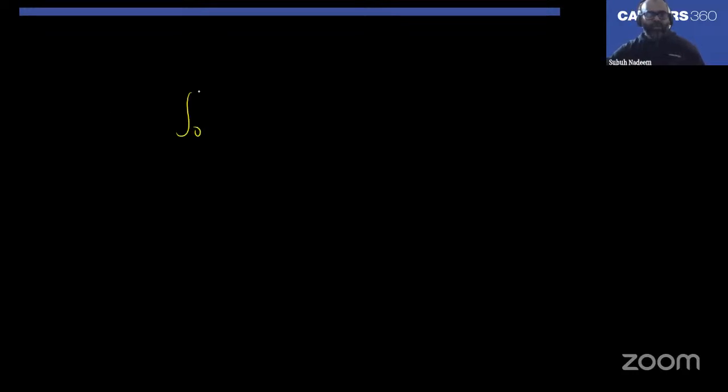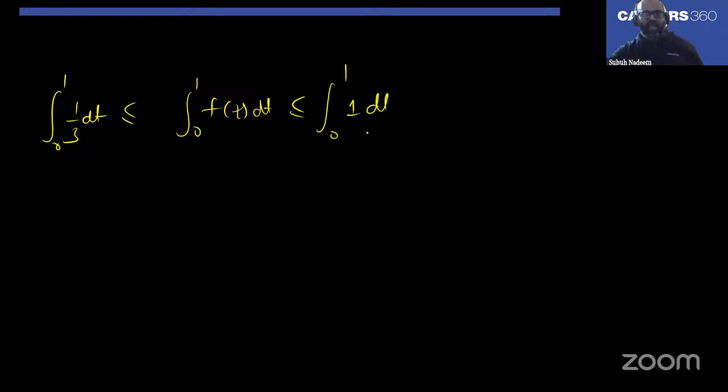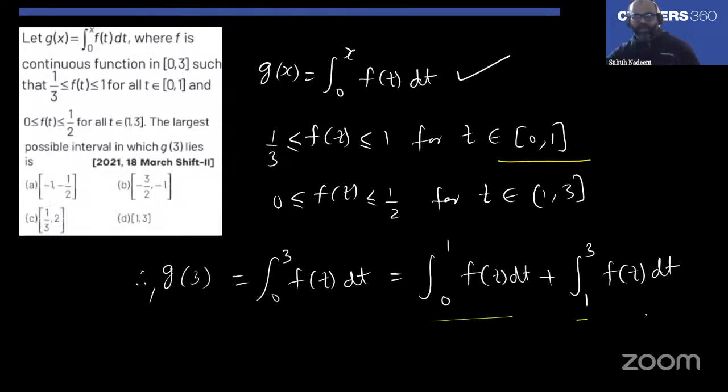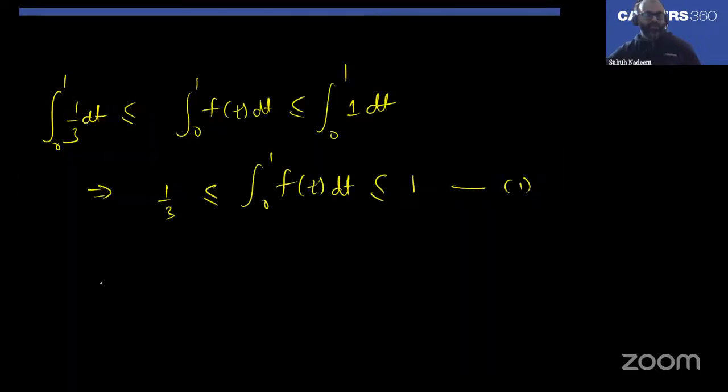So for 0 to 1 ft dt, we say that it is between 1 by 3 and 1. So it will become 1 by 3 after integration. Dt will become t, 1 minus 0. This will be 0 to 1 ft dt. And this is 1. So this is the first inequality. Another one is 1 to 3 ft dt.